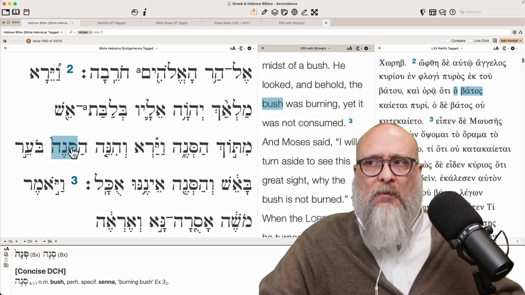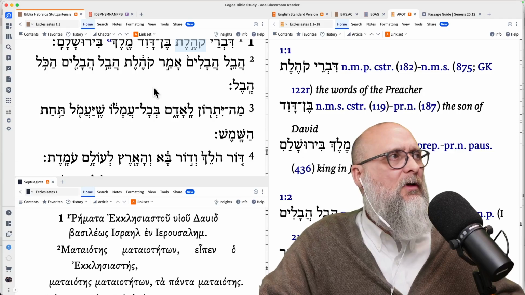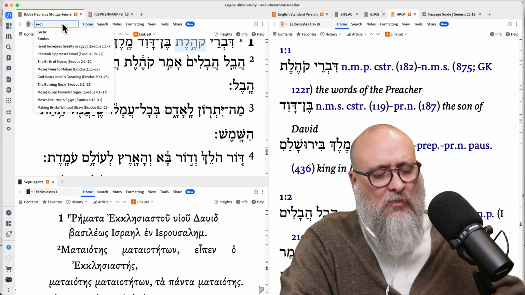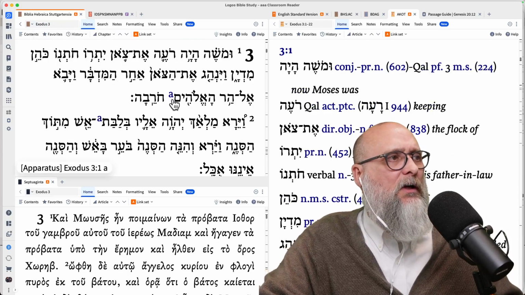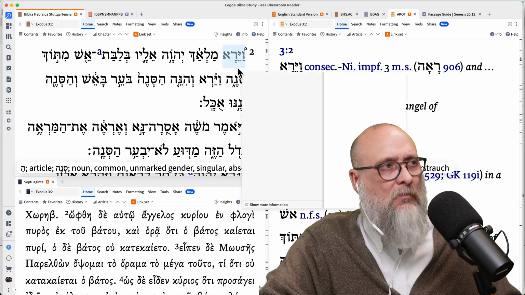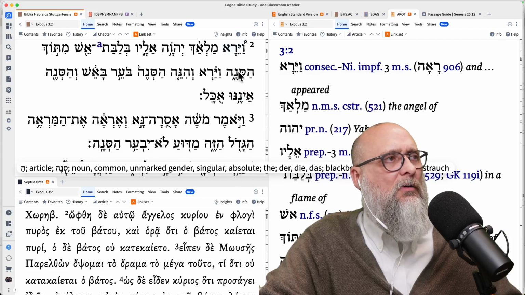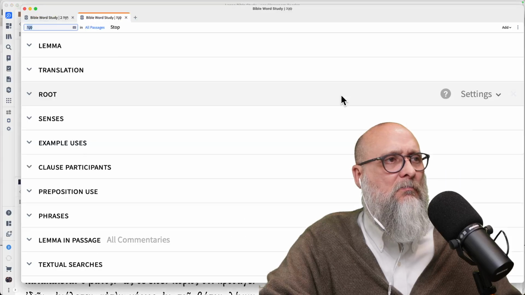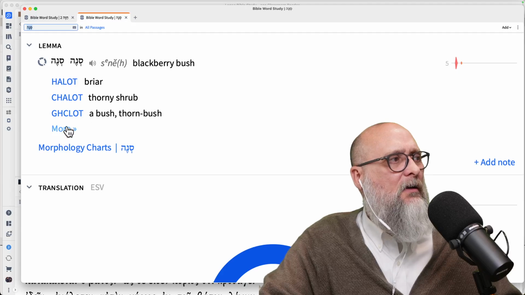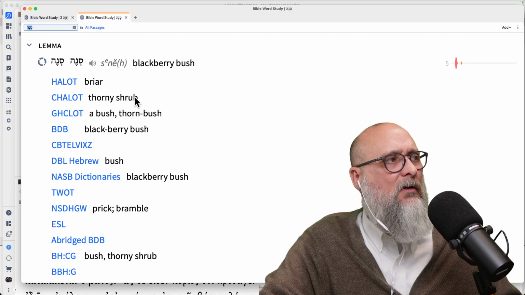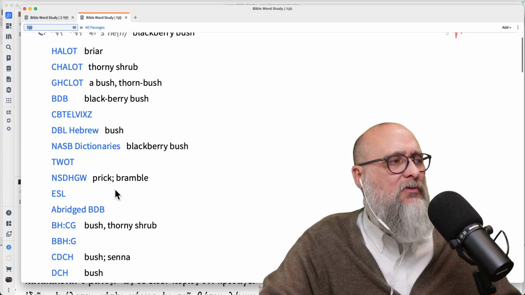I have a little bit better tools in Logos, and so if we do that same thing in Logos, we come to chapter 3, and here's our word. We can do our word study on seneh, and you can see that we've got briar, thorny shrub, thorn bush, blackberry bush, bramble.